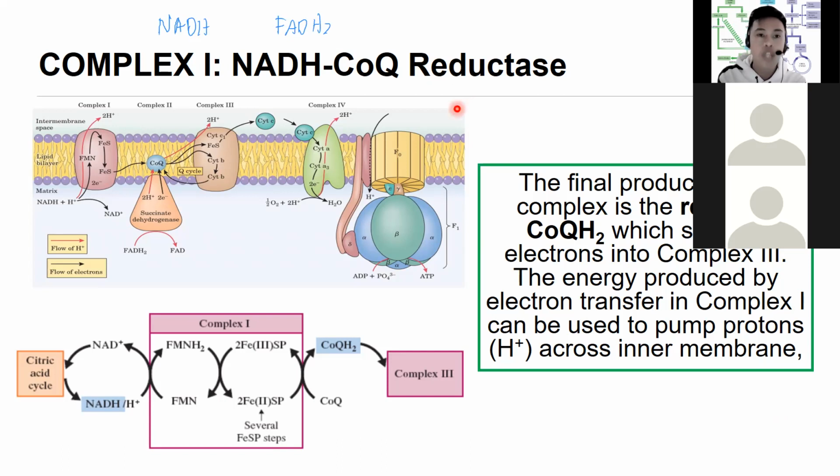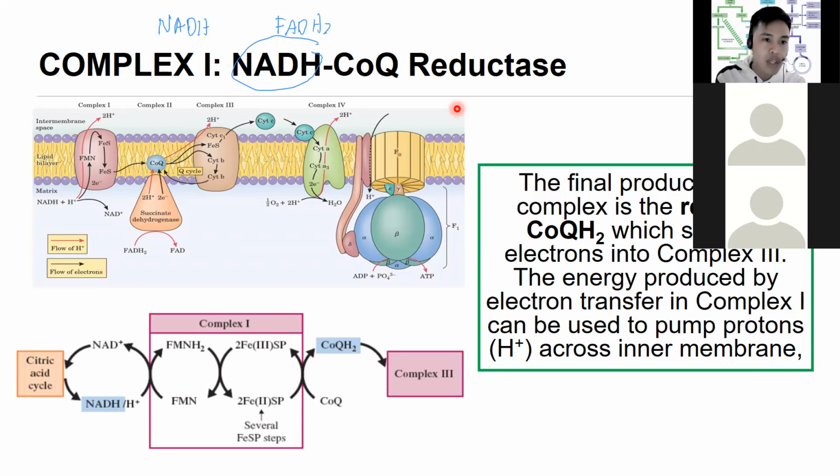Do you follow? In other words, there are two types of reduced coenzymes produced in the Krebs cycle, but they enter the electron transport chain in different complexes. Complex 1 is where the electrons of the NADH will enter. That's why it's called NADH CoQ reductase, to indicate that it is where the electrons of your NADH will enter.